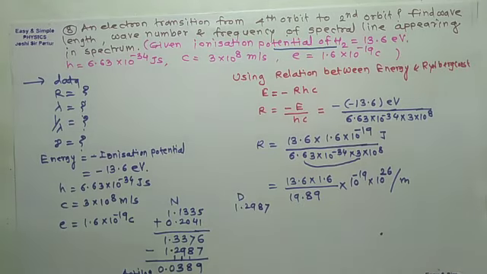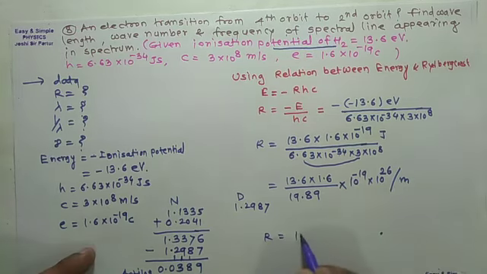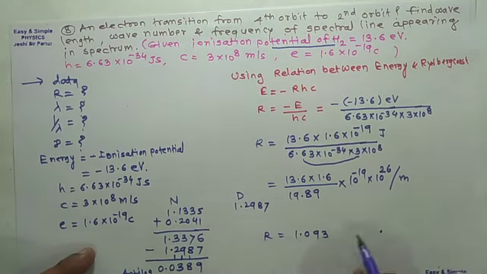See here, 0.03 in 8 will be 1.091, and in 9 the mean difference will be 2, means 1.093 into 10 raised to 7 per meter.